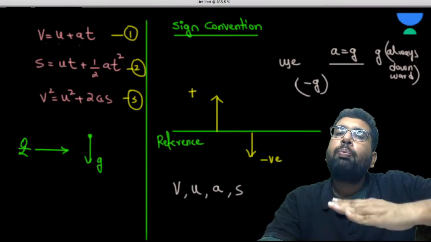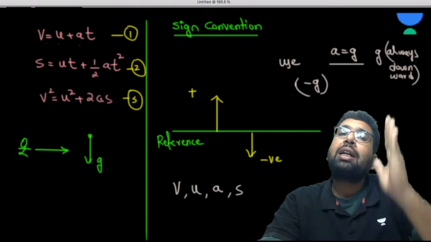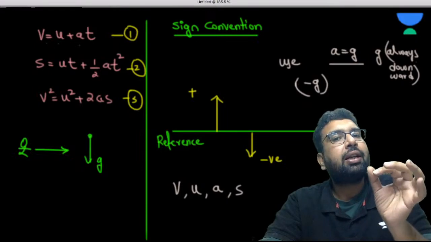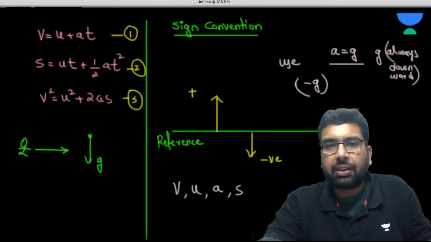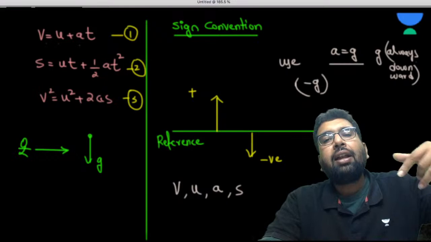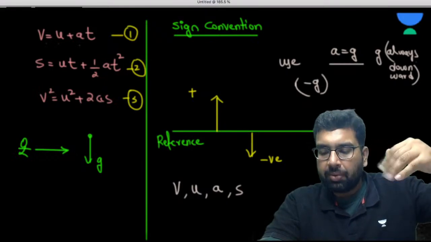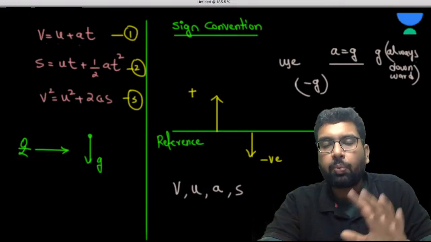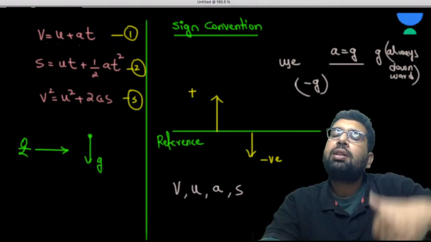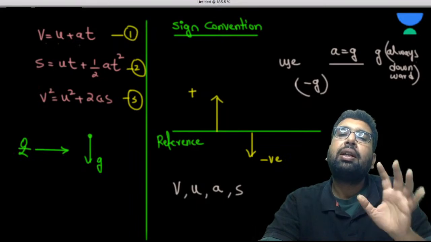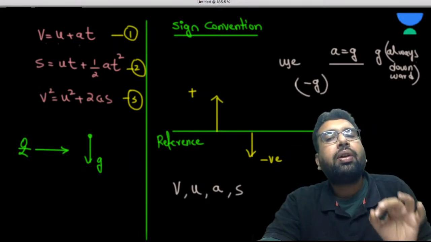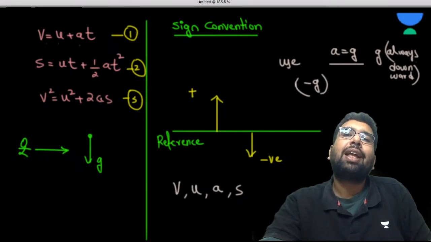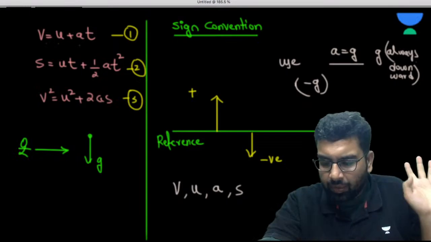From some reference, whatever vector is upwards, like displacement, initial velocity, final velocity, we'll consider as positive, the same way we did in vectors. If from the reference some vector is downward, we'll consider the negative sign. So acceleration due to gravity is always negative, because it is always downward.